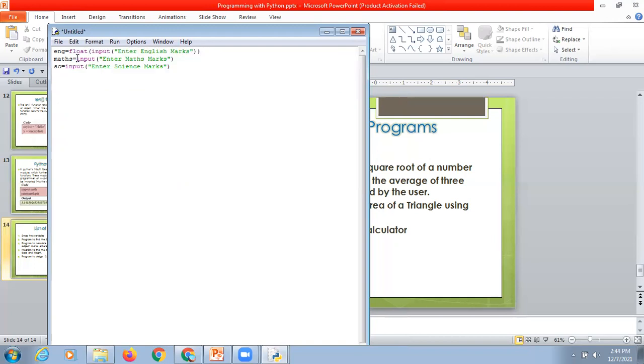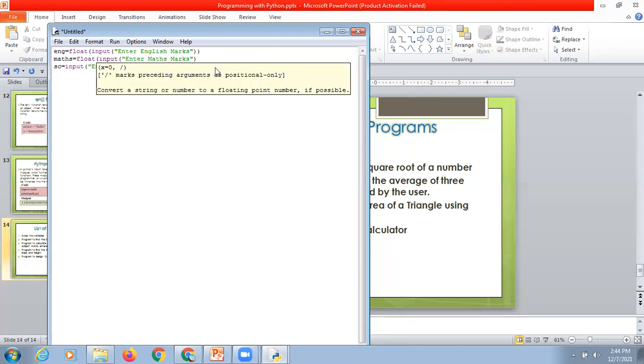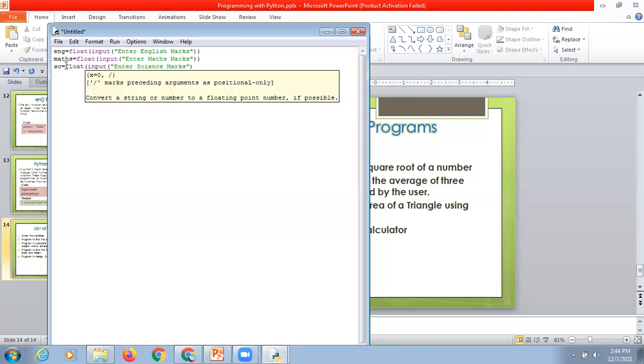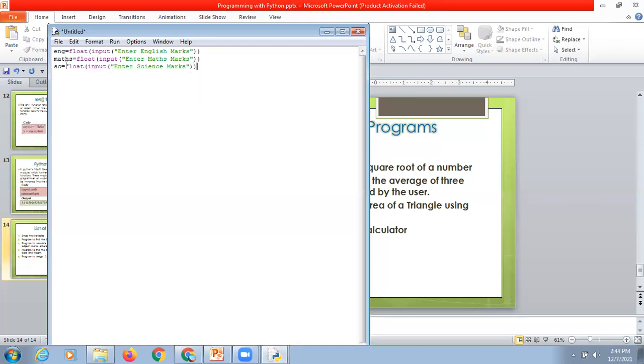Even the marks can also be float with decimal values. Right? Okay. So let's take a variable AVG.